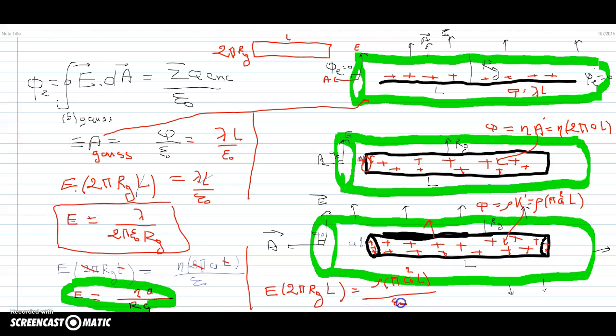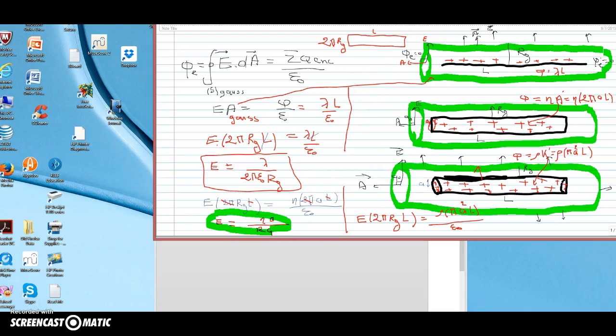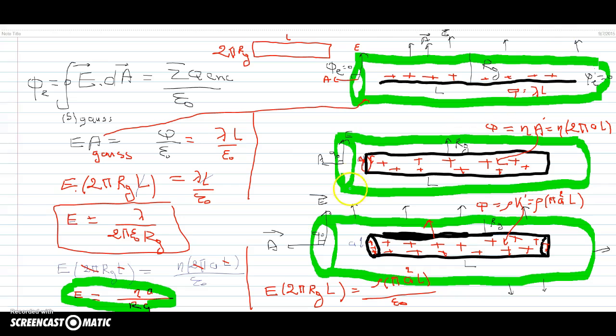And at this point we can now probably go ahead and simplify. So we are going to lose L and L. We'll lose pi and pi.